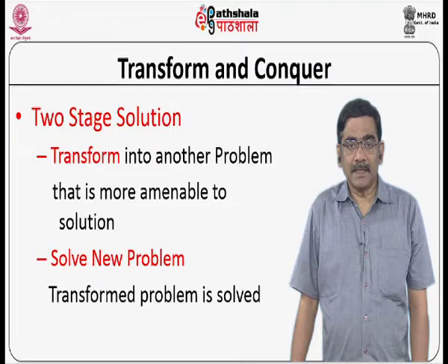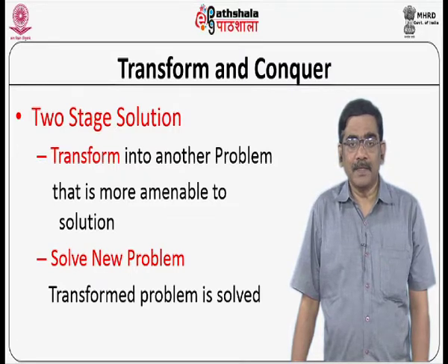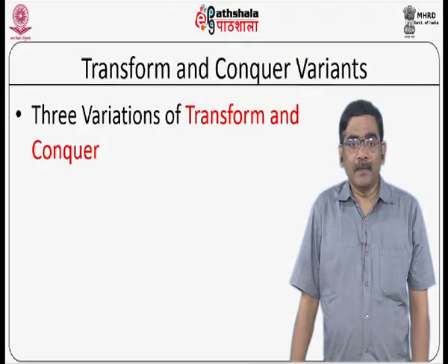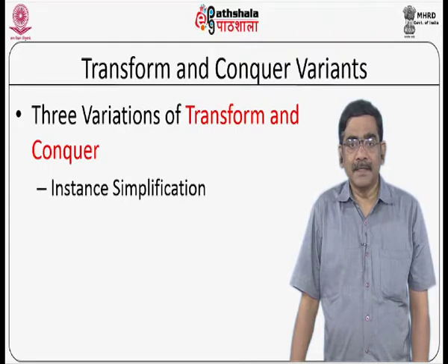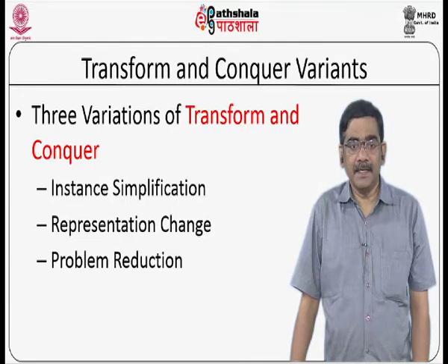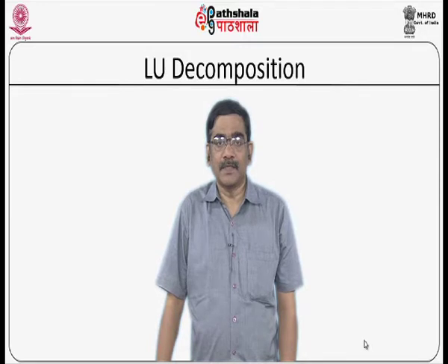We also discussed how to transform the problem of finding LCM to finding GCD. We also said that the various variants are instance simplification, representation change, and problem reduction, and we started the discussion of instance simplification, where we discussed the Gaussian elimination procedure.